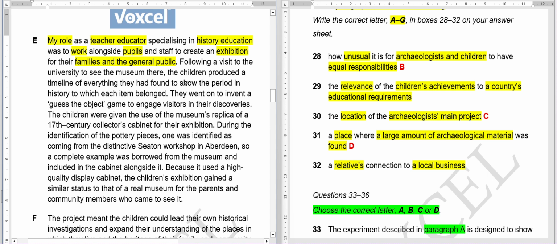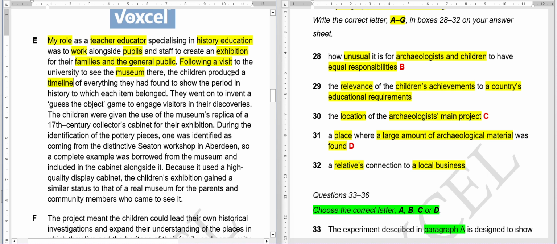Following a visit to the university to see the museum there. So following a visit, after a visit where they visited the university, why? To see the museum. Children produced a timeline of everything they had found to show the period in history to which each item belonged. So after visiting a museum, they produced a timeline.